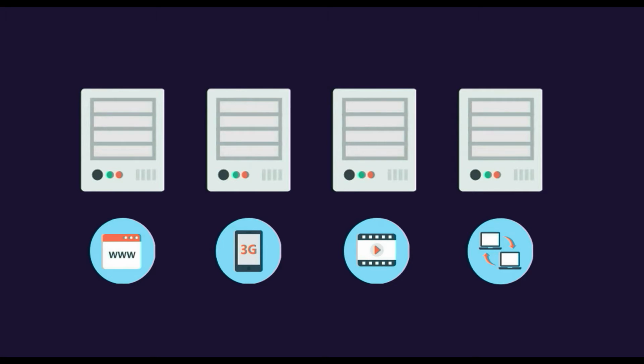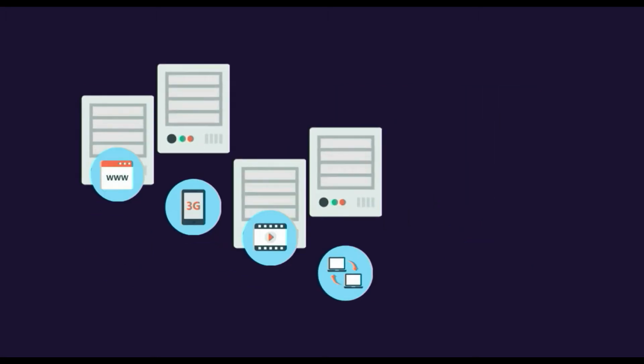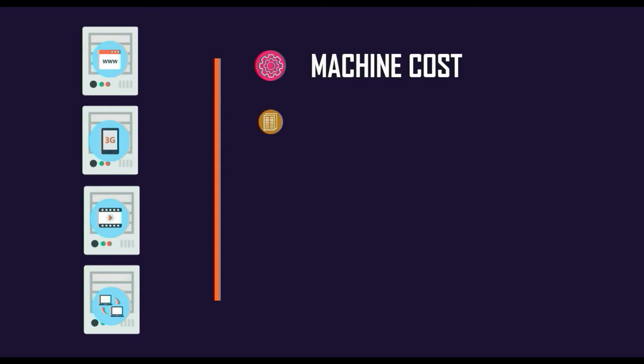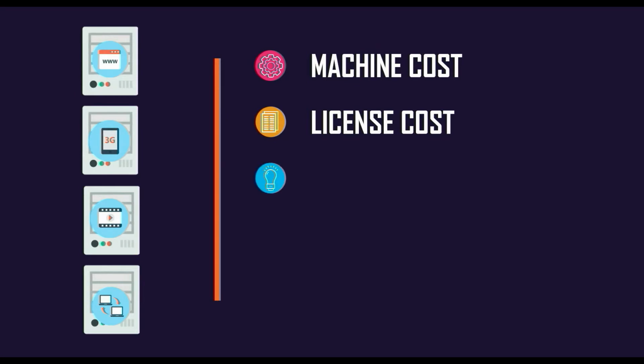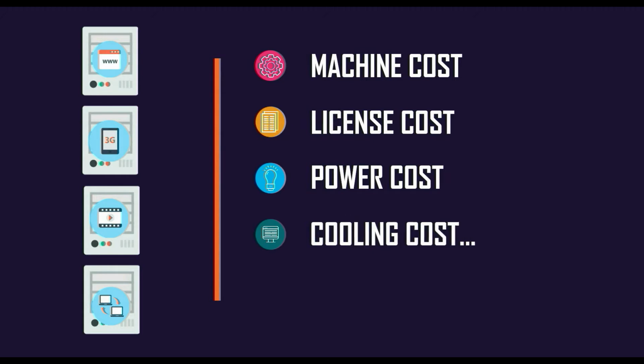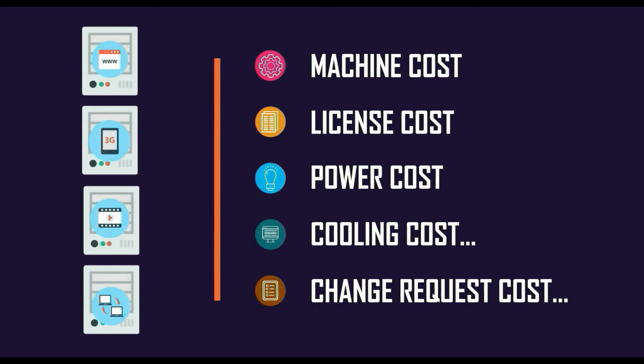Instead, it comes with lots of cost and maintenance, like machine cost, license cost for all the softwares like operating system and all, power cost, cooling cost for individual systems, and lot many.